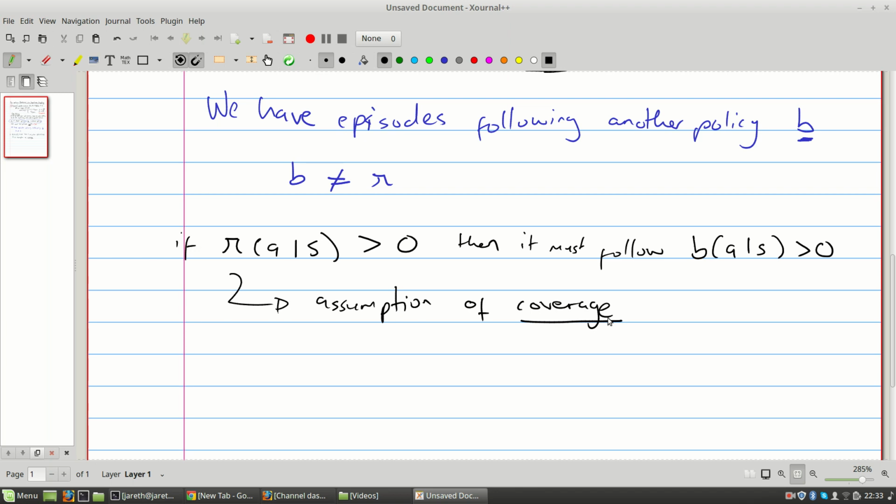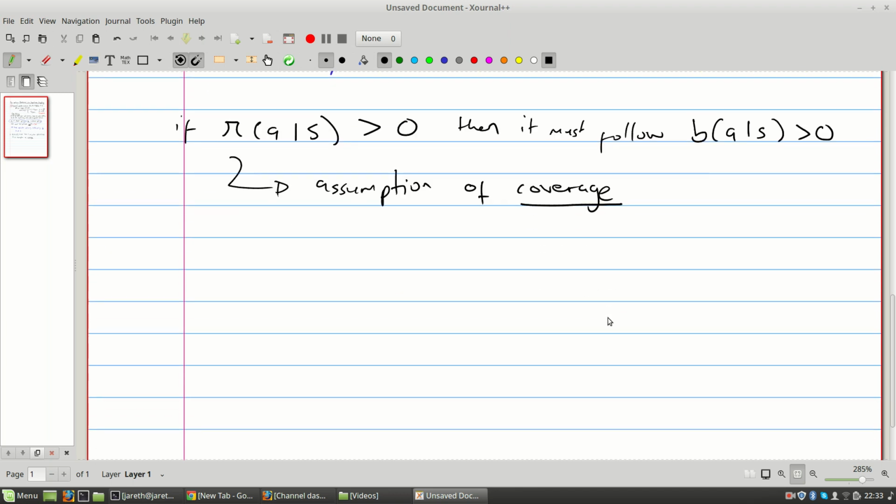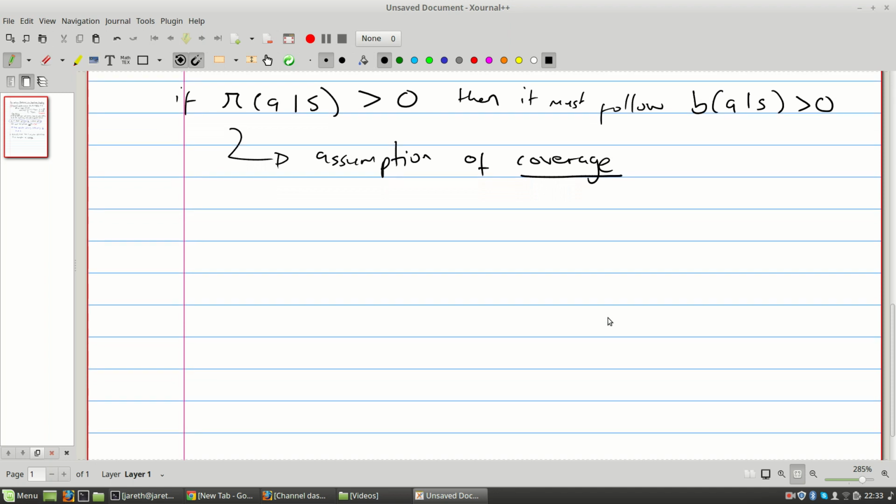This is essentially what it means. So this is the assumption of coverage, because once we have some action that's taken under pi but not taken under B, then it becomes a problem to estimate. How do we actually start estimating? So we need to make this assumption of coverage in order to be able to proceed with this, right? So that's how this works.